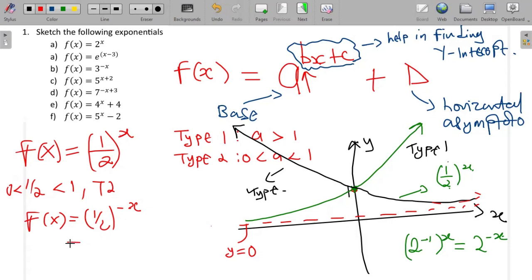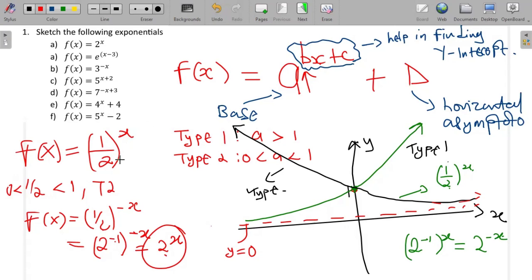Why? Because 1 over 2 is the same as 2 to the power minus 1. Then I have a minus x outside, so I multiply minus 1 by minus x and I just get 2 to the power x, which is a type 1. So when I introduce a negative in the power of x for an equation that was a type 2, it changes to a type 1.